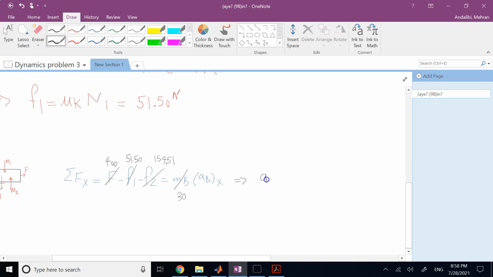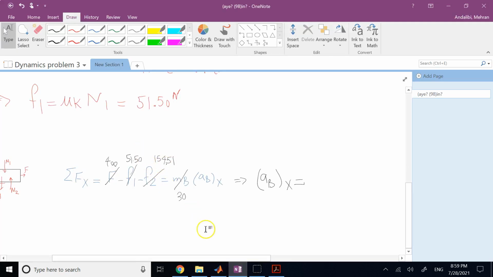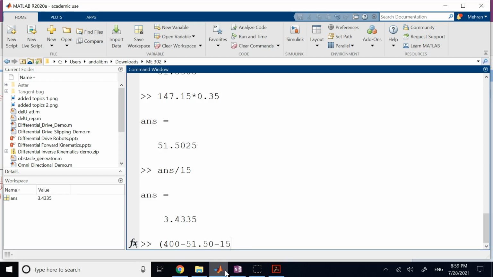That means acceleration B of x is going to be, so let's do it, 400 minus 51.50 minus 154.51, divided by 30, 6.47.